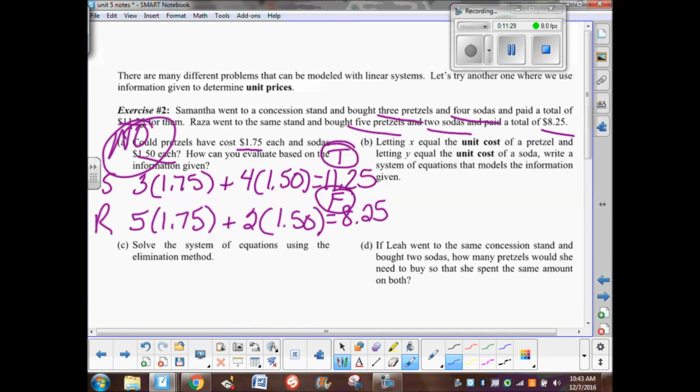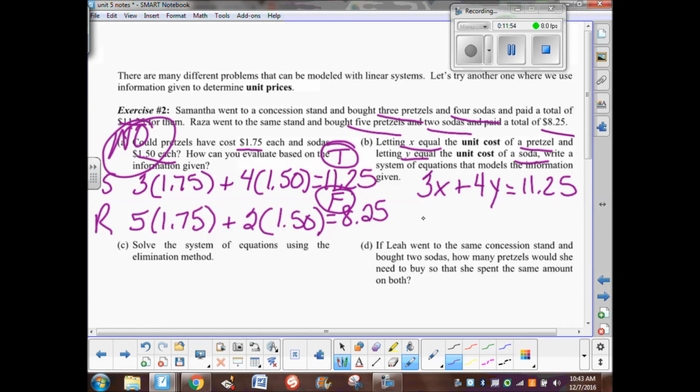So now it says, let x equal the unit cost of a pretzel. So x is pretzels and y are sodas. So Samantha's equation would be 3x plus 4y equals what she spent, 11.25.